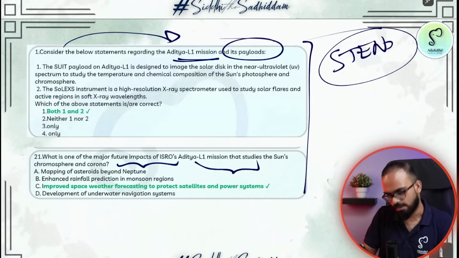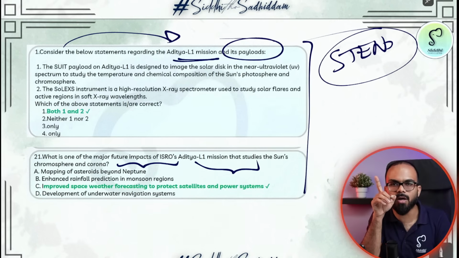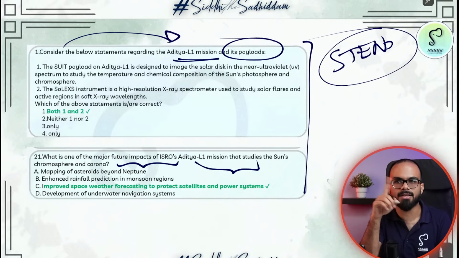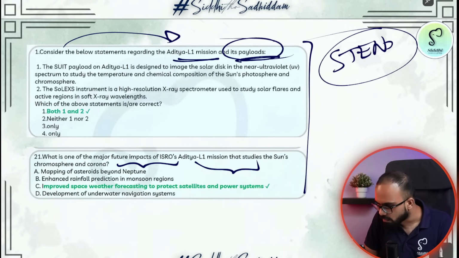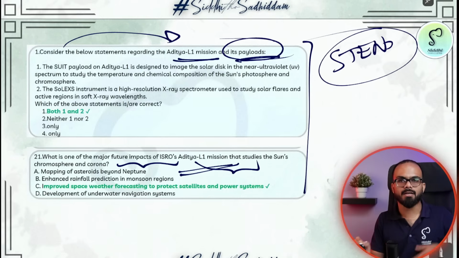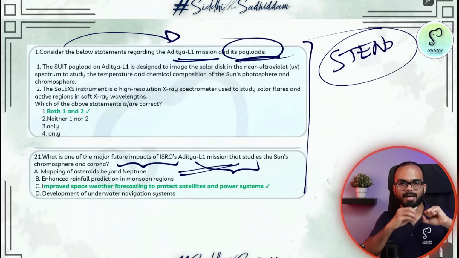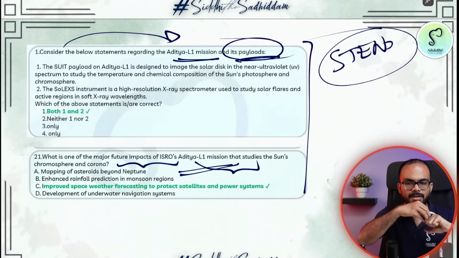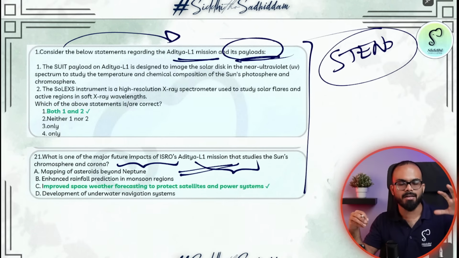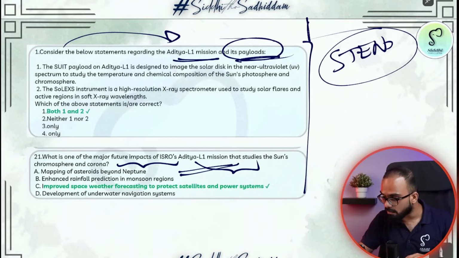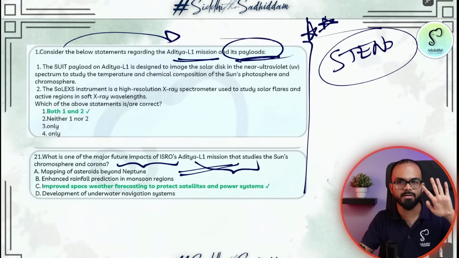See the questions. It is not about what Aditya L1 belongs to, or whether it is going around the sun, or whether it is India's or not. No. It is about what the payloads are. What is the future impact? So I am going to take the class in a slightly technical direction. It might be complicated at the outset, but these are important. They are asking you questions on this.